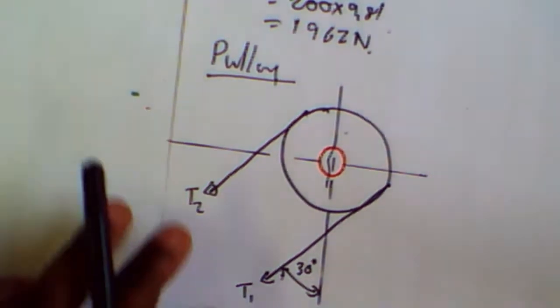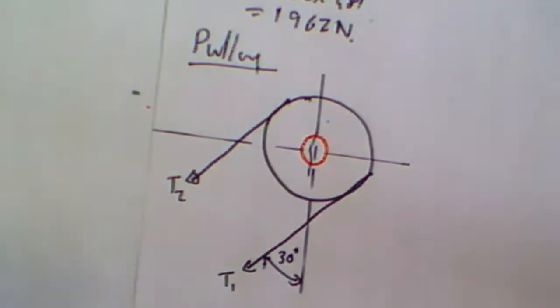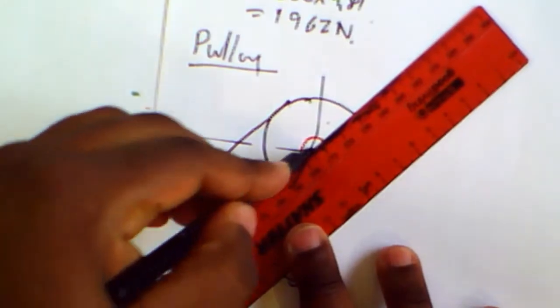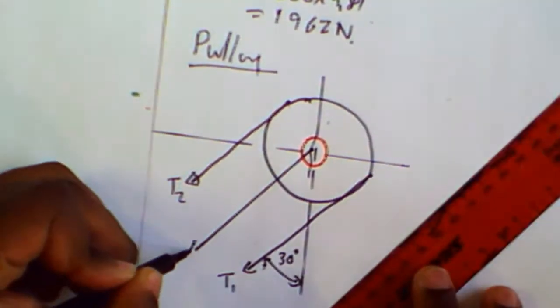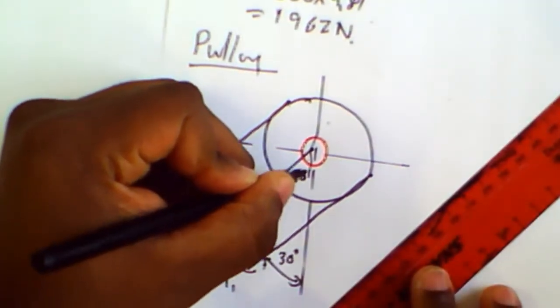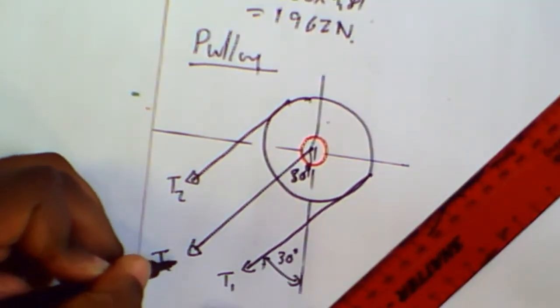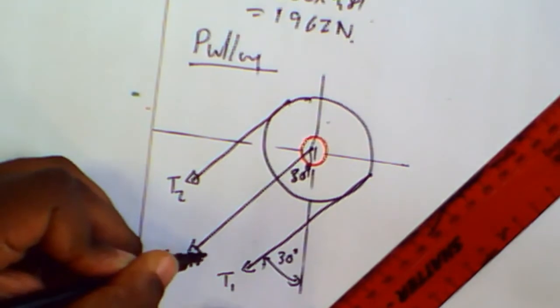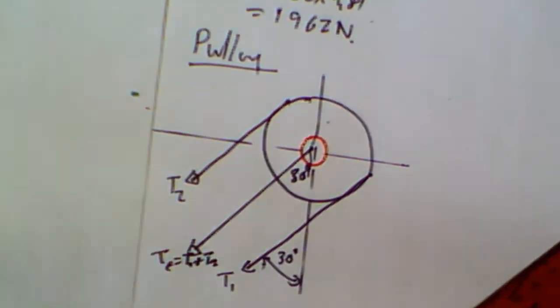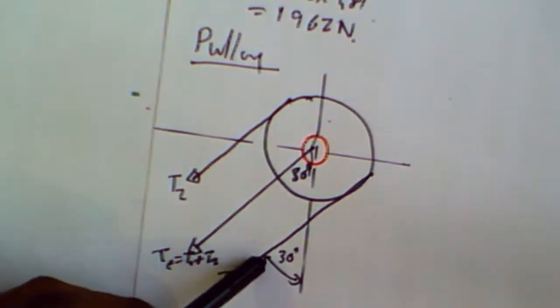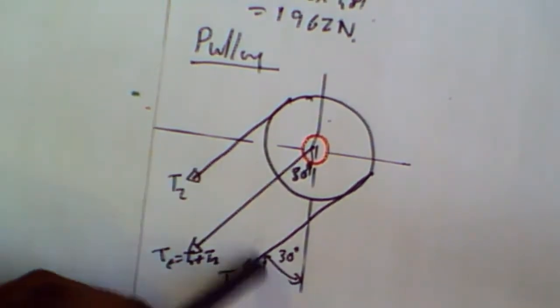Then I can say that the total tension acting on my shaft will also act at an angle of 30 degrees. So the total tension here will be T1 plus T2. Now I need to find my two tensions, T1 and T2.